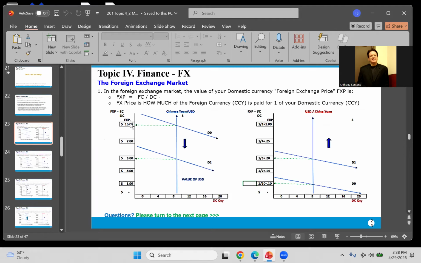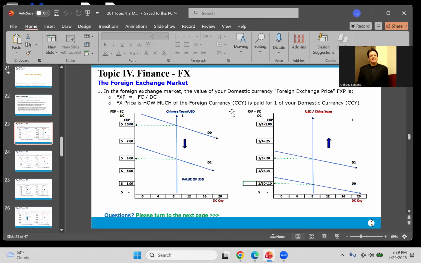This actually should say yuan here, but it doesn't fit, Chinese yuan. 10 Chinese yuan for $1 is the value of your currency, or 10 My Little Ponies for your one Wonder Woman is the value of your comic book. By analogy, 10 of theirs, which is 10 Chinese yuan, is worth 1 of yours, which is 1 US dollar. So in my analogy, the Wonder Woman comic is a US dollar, and 10 My Little Ponies are 10 Chinese yuan.